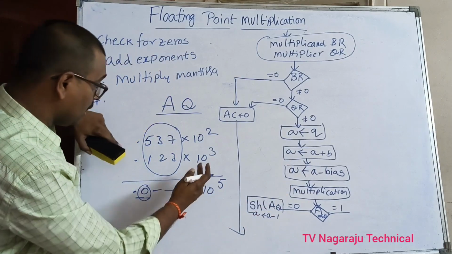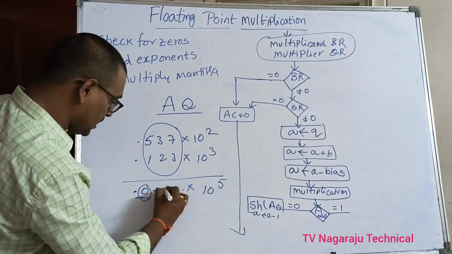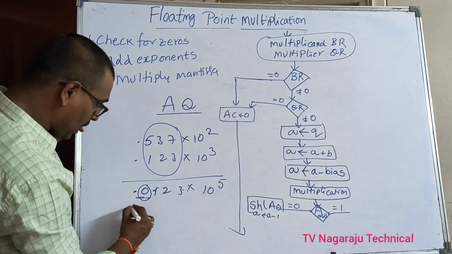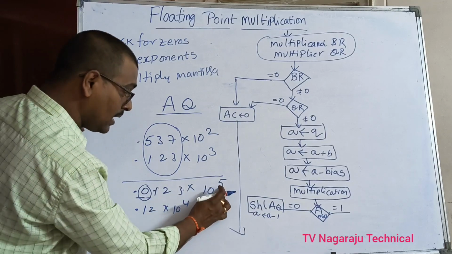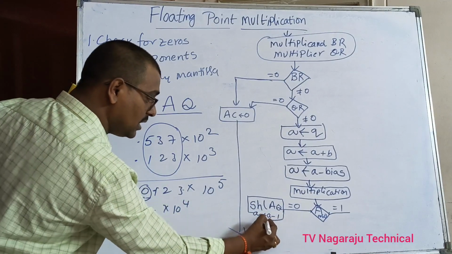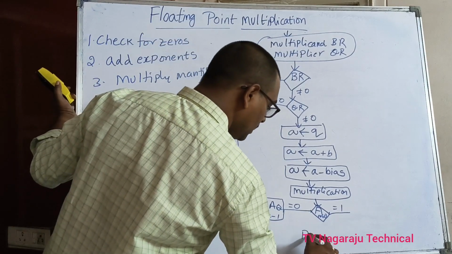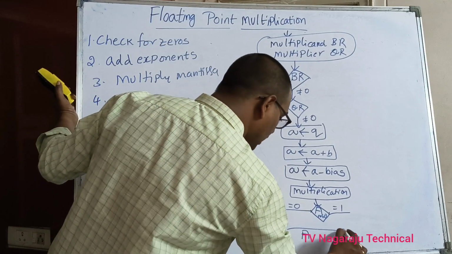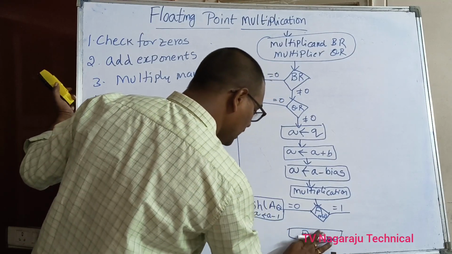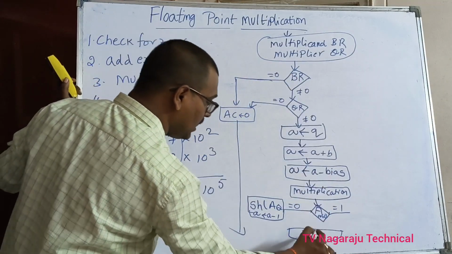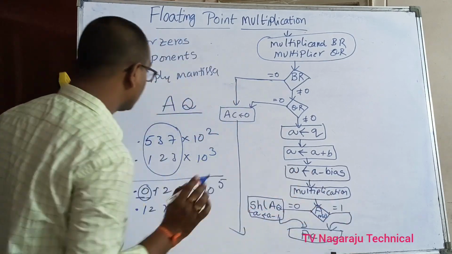You already know, if you do a shift left operation, suppose this is the number, after the shift left operation it becomes 1 2 into 10 power 4, the exponent value is decremented by 1, and then stop. The result is available in A cube. That is simply the result is stored in AC. Stop the process.